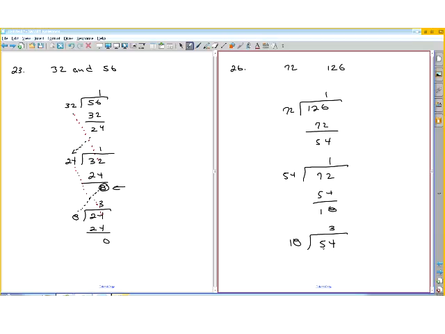So you have 3 times 18, that's 54. You get a 0 remainder, so you go back up to here, just like we did before, and so 18 is the common factor. 72 divided by 18 is 4, and 126 divided by 18 is 7.